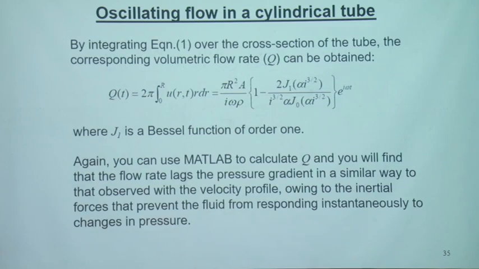Because we have a mathematical expression of the velocity profiles, we know that if we integrate the velocity profile over a cross-sectional area, we get the volumetric flow rate. So mathematically, the volumetric flow rate is obtained by integrating the solutions for the velocity profiles over a cylindrical cross-sectional area, and we get an expression for the volumetric flow rate that involves the use of a Bessel function of order 1.